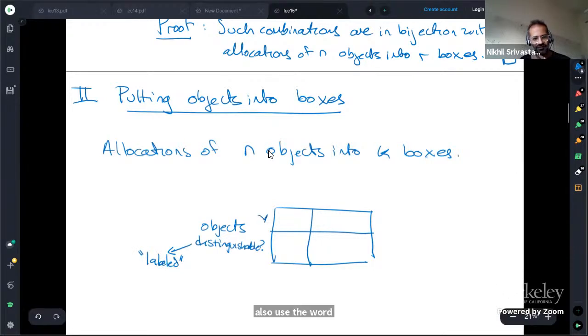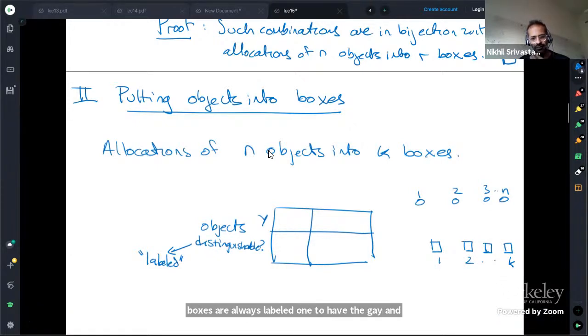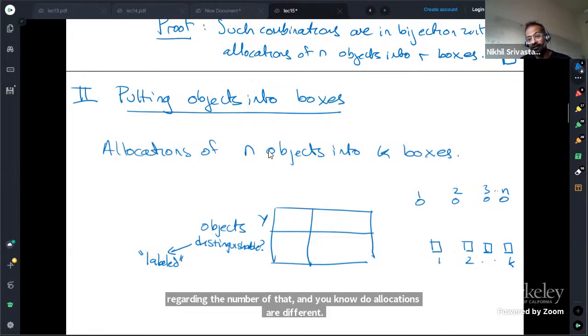And if they are distinguishable, then we're just asking that, okay, we have these n objects labeled 1, 2, 3 up to n. And we want to put them into k boxes, which are also labeled 1, 2 up to k. Two allocations are different if you can tell them apart.